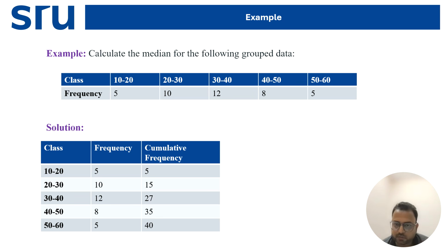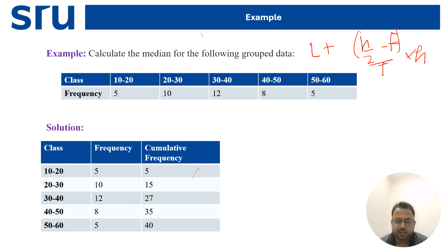Let us write the formula: median is equal to L plus (n by 2 minus F, this is capital F) divided by small f, into h. L is the lower boundary of the median class.